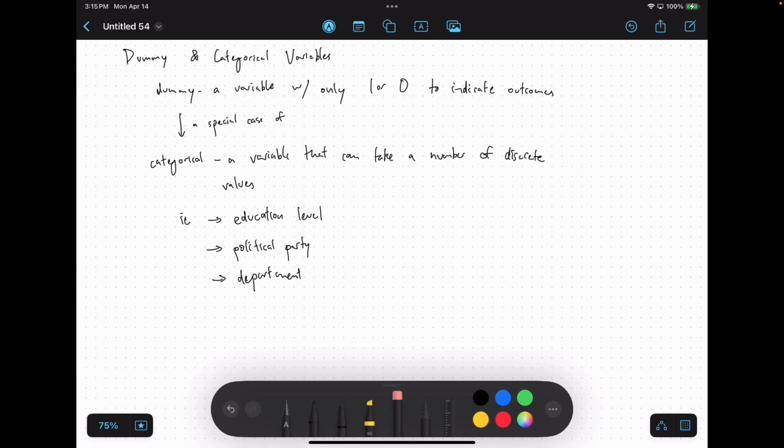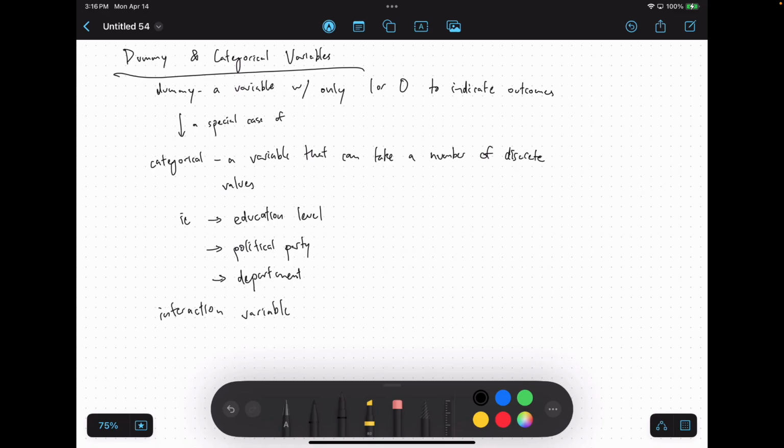And actually, I'm going to put one more thing here. Oop, did not mean to use the eraser. One more thing here, which is an interaction variable, which we'll also take a look at. It's a little bit handier to think about it in the context of some of these guys.